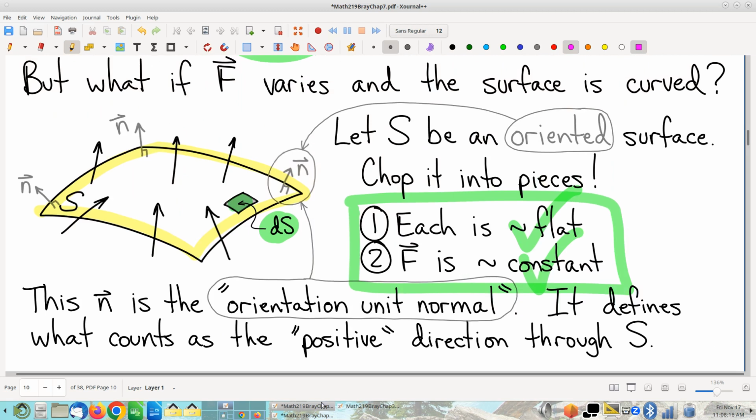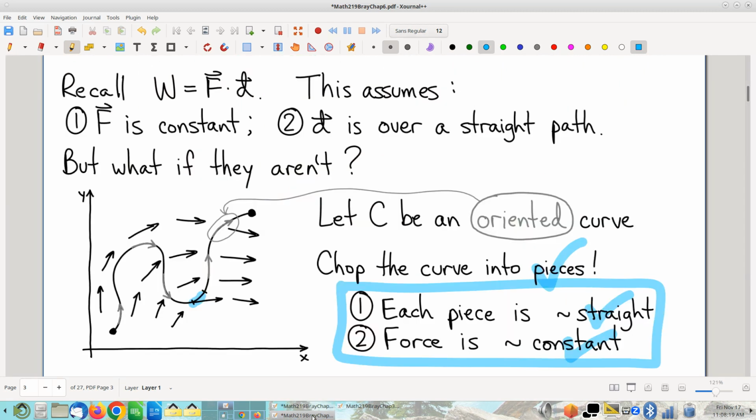Let me go back to chapter 6. Here, there is this little matter of the fact that when I hike this trail, I am going that way along the trail. I'm climbing, let's say, up the mountain, not down the mountain. And it makes a tremendous amount of difference in terms of how much work it takes to walk that path, that I'm going up instead of down, because everything's backwards. There's a minus sign on everything, right? So, if we're going to say I want to compute the amount of work, we've got to be specific about which direction we're going.